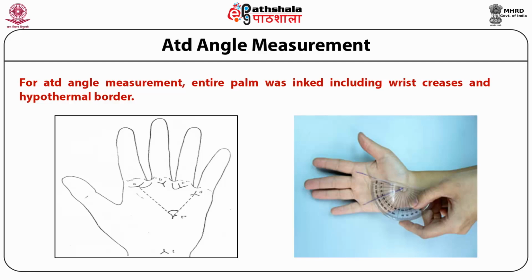A value of the angle of less than 45 degrees, corresponding to the axial triradius, was designated as small t. Values intermediate between 45 degrees and 56 degrees were designated T1 and values above 56 as T double dash.